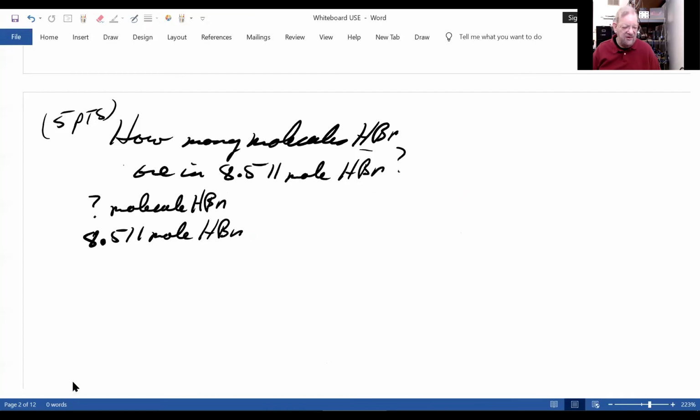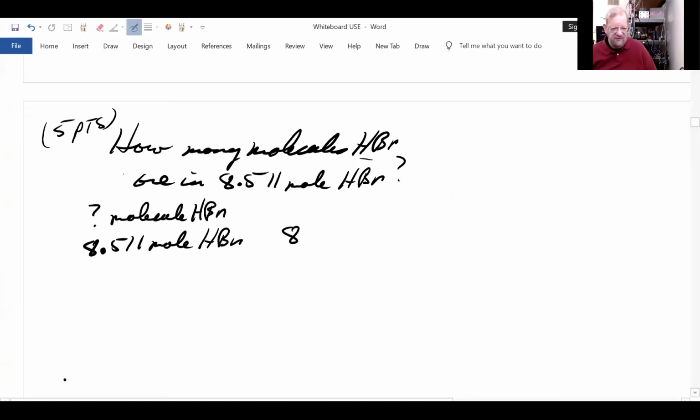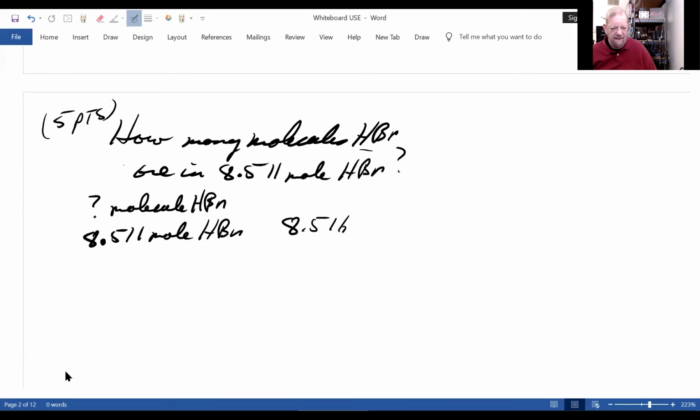And with that knowledge, let's continue. The only number we have to work with is this. And what units do we want our answer to? If we could convert this to those units using some ratio right here, the answer is molecules of HBr.